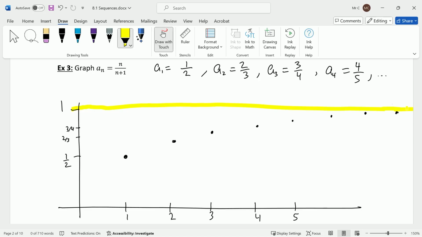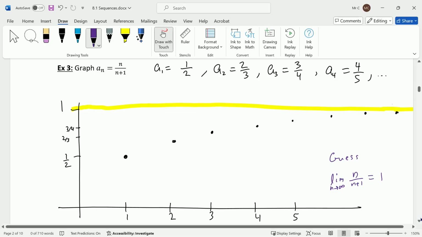So you might think that you could state that the limit as n goes to infinity of n over n plus 1 is 1. And that would be correct. Now we have some techniques from Calculus 1 that we can use to compute this limit, and we'll come back to that.